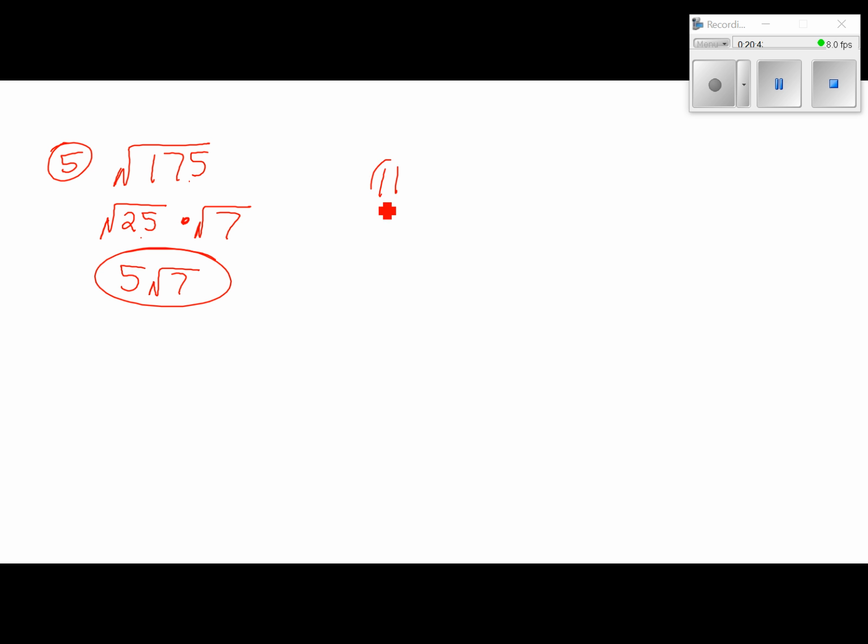We'll do number 11 just to show you another one. You've got radical 5 times 2 times 4 times the square root of 8. Since this is times, we're going to times the coefficients together, so that's going to give us 20, and we're going to times the radicals together, so that's going to give us 16.